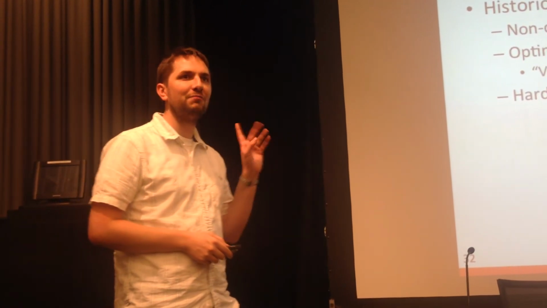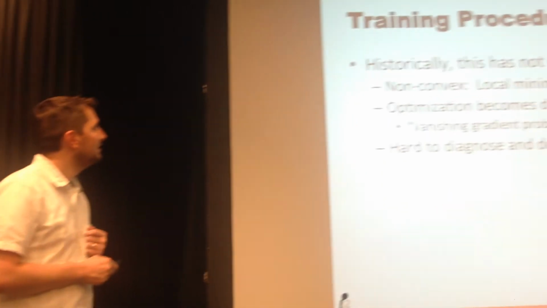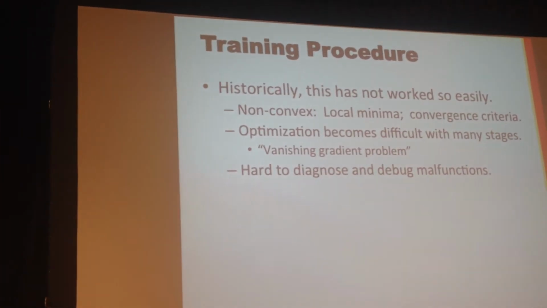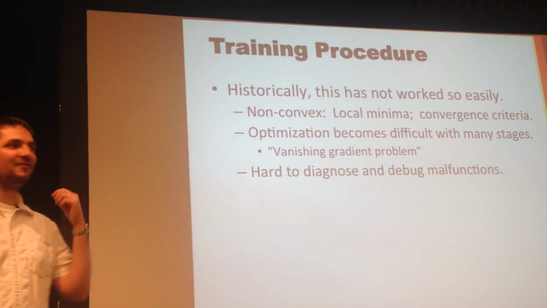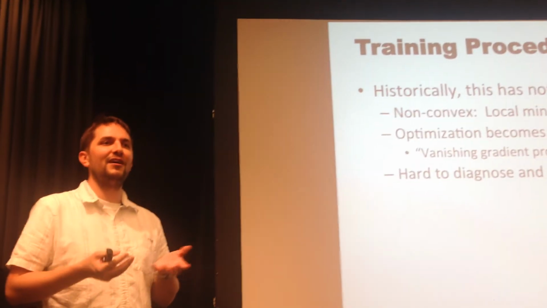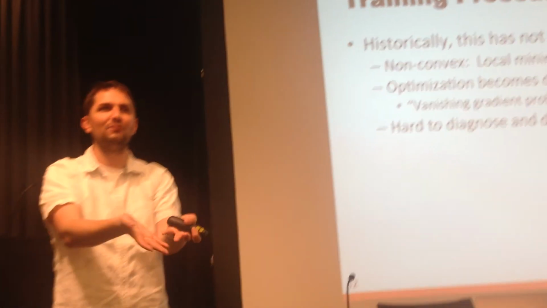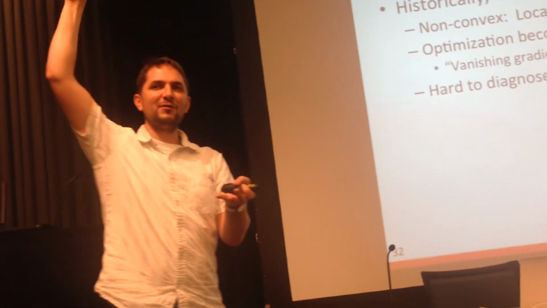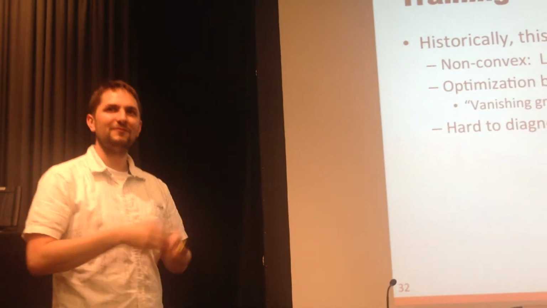There are a whole bunch of problems with this, which you might be aware of already. So for example, this is a non-convex problem. Remember when I said at the beginning that we could always find the very best f? We could always find the choice of theta that was the best possible one because this function was bowl-shaped, right? We could always go downhill and end up at the very minimum value of our objective.